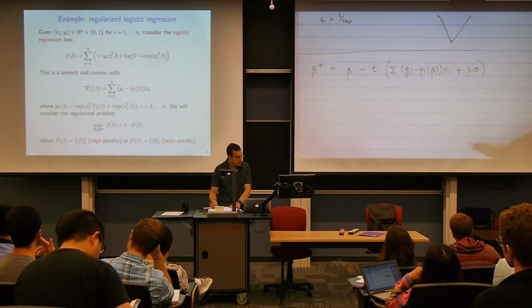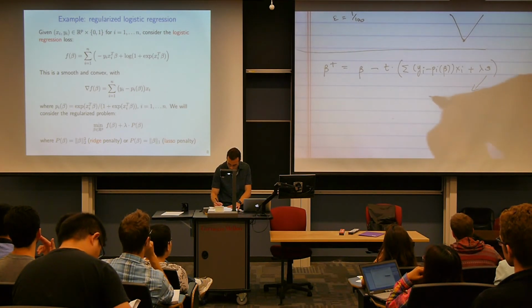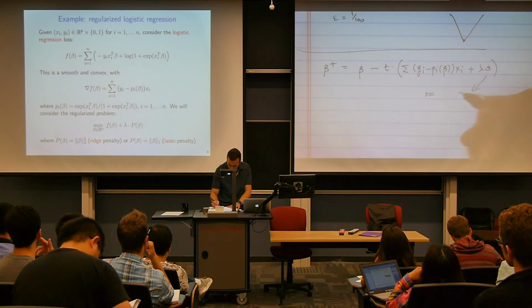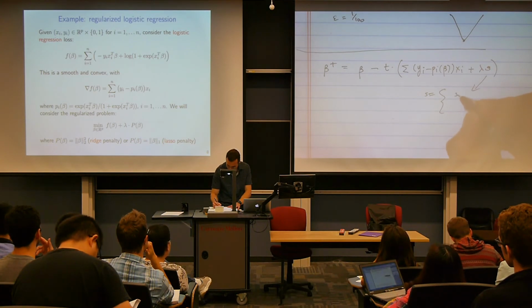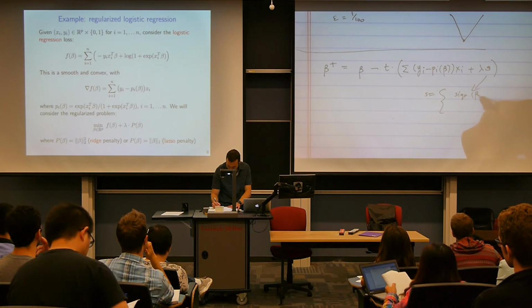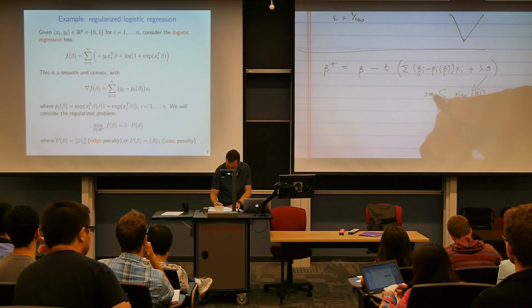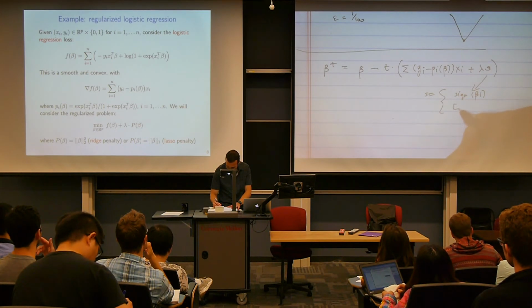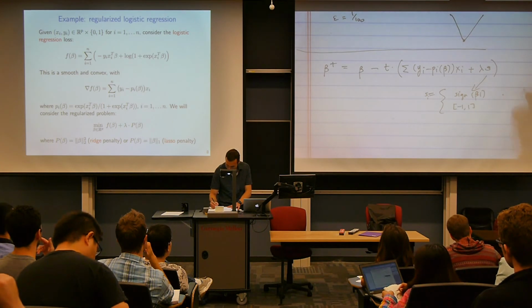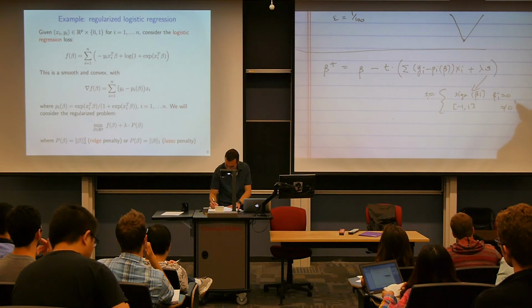Right, where s is going to be either the sign of beta i or anything between -1 and 1. Right, this is if beta i is equal to 0 and not equal to 0.